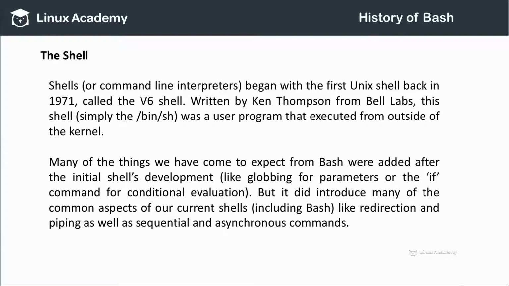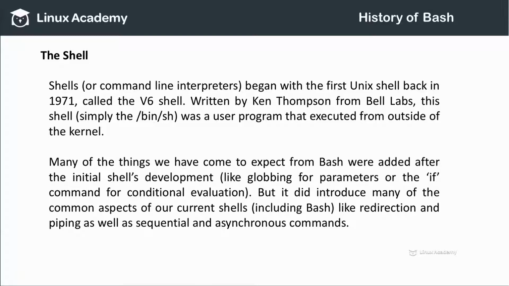In this case, this particular shell, which was simply called binsh, was a user program that executed from outside of the kernel. It gave you a way of interacting with the file system and the utilities that are installed on the system. Many of the things we have come to expect from bash were added after the initial shell's development, in this case, added after the binsh.